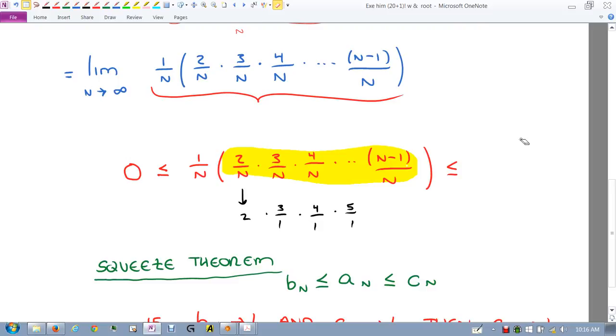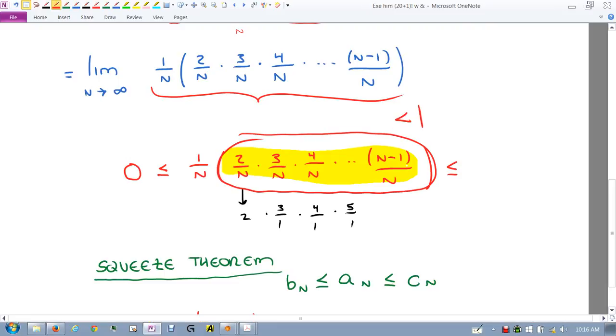So we need to convince ourselves that this right here is less than 1. And we can do this. We said it doesn't work when n is 1, right? So then it doesn't work when n is 2. When n is 3, does it work?